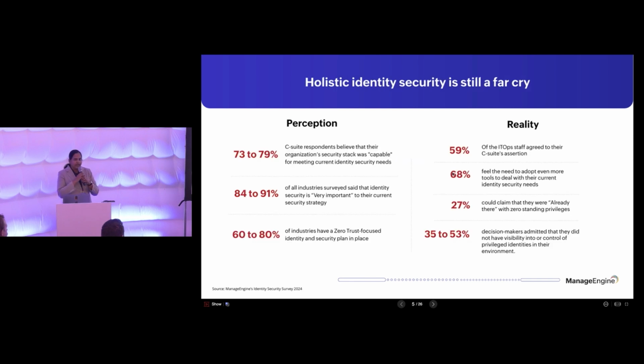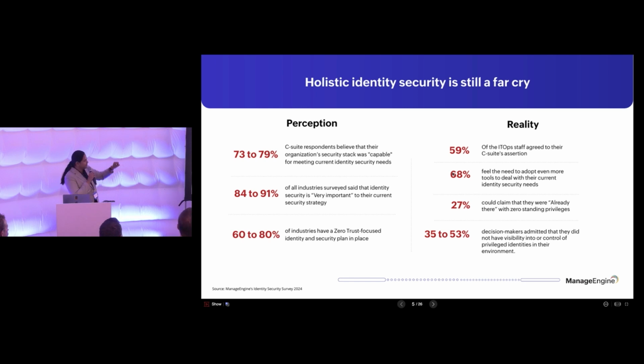Now, we at ManageEngine ran an identity security survey to identify what kind of identity posture organizations have today, right? We had some really interesting projections here where the perception of the C-suite was entirely different from that of the people who actually practice cybersecurity in reality.